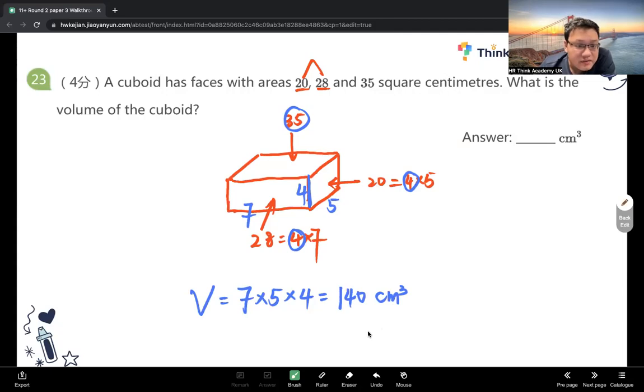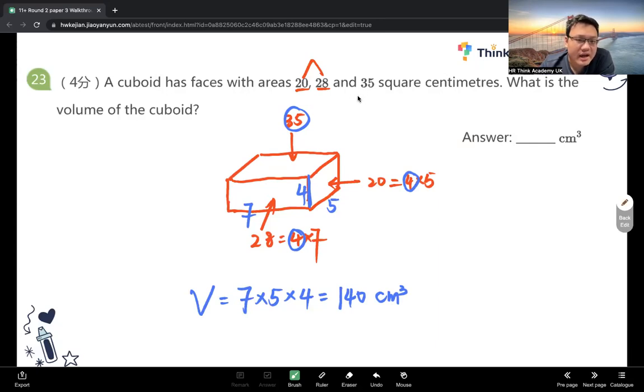Does the 35 always have to be on top? Not really. The reason why I give the area of the top one is because I draw this cuboid, and you will see the top face is the largest one, and the 35 is the largest.